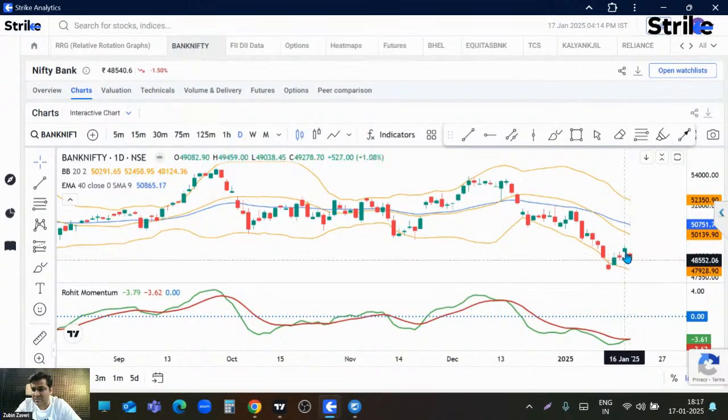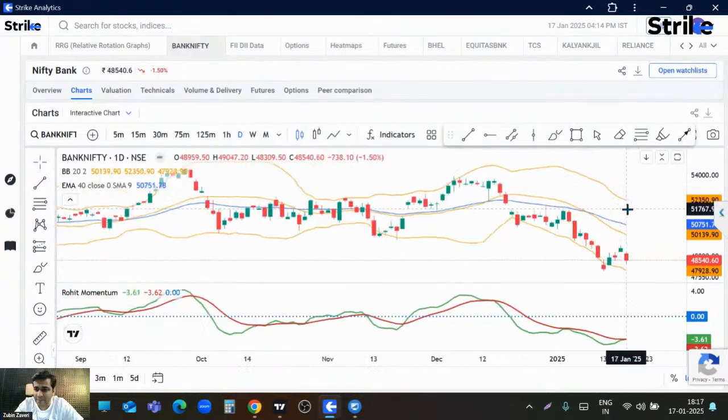All right, but still it is a red candle, so it's not a clear cut bullish crossover. Maybe if it moves upwards over here, a green candle on a Monday, it may help. Or if there is a red candle once again down here, this momentum indicator will turn bearish once again.